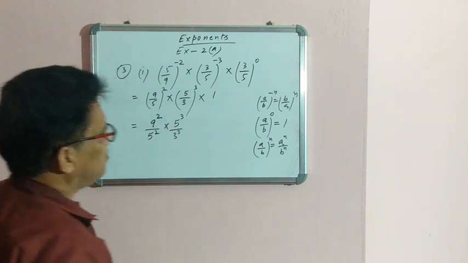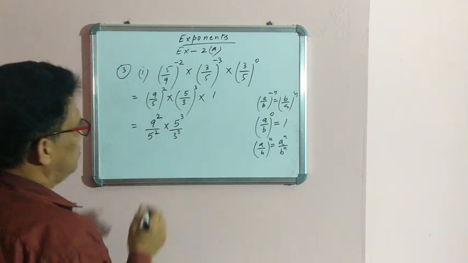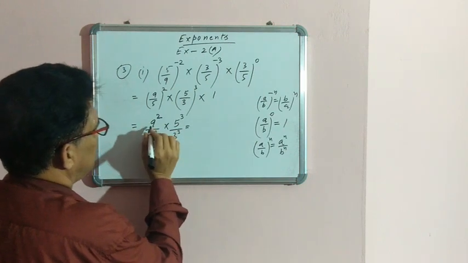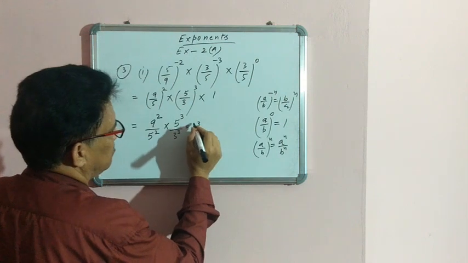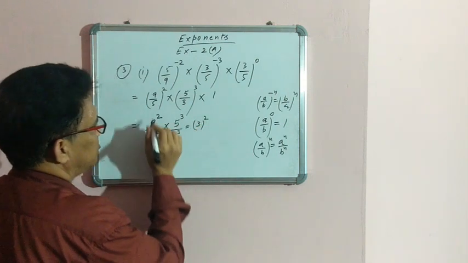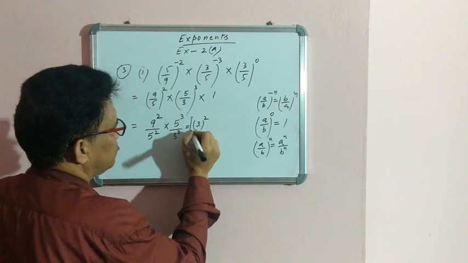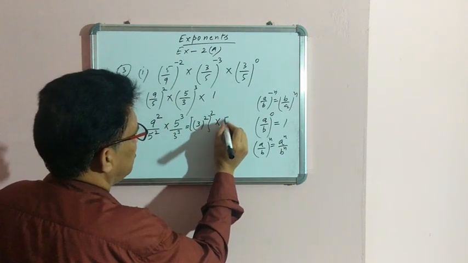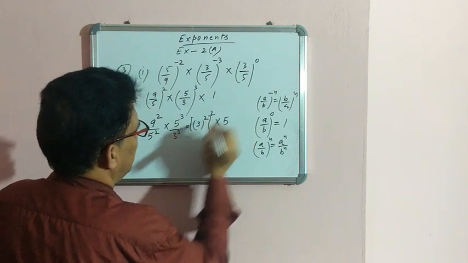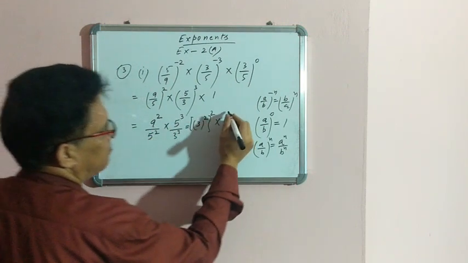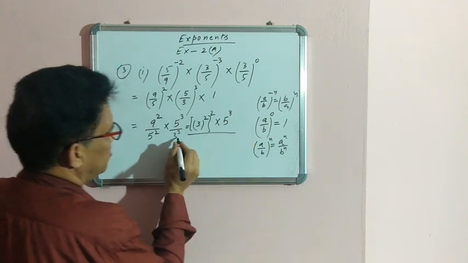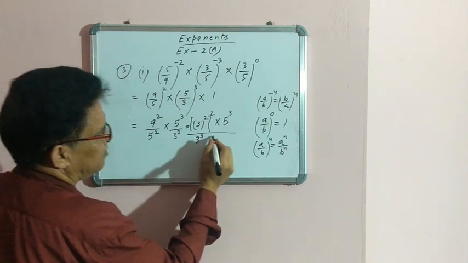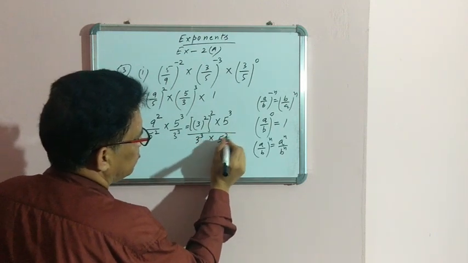Now 9 is equal to 3 power 2, and this whole power 2 is there, and 5 power 3 is there. Here 3 power 3 is there, I am writing below the 3: 3 power 3 into 5 power 2 here.